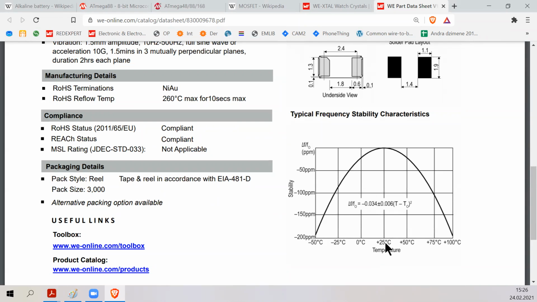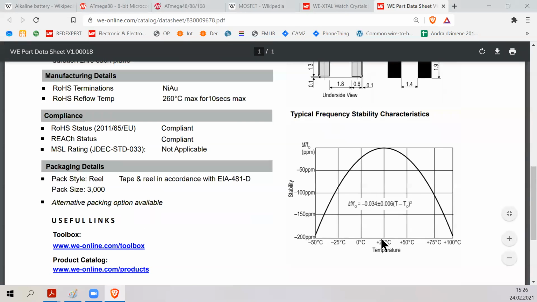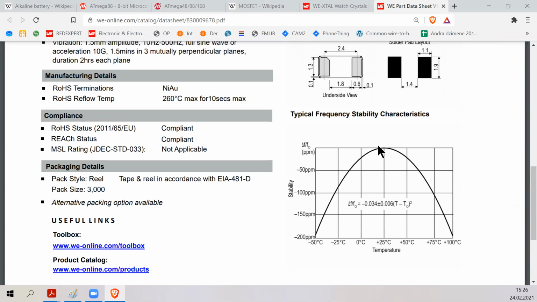And as you can see, they are built in such a way that at 25 degrees, the frequency is what is nominally said, but unfortunately, when the crystal cools down, it contracts, it becomes smaller, and when it heats up, it expands and becomes bigger, so its resonance frequency changes.